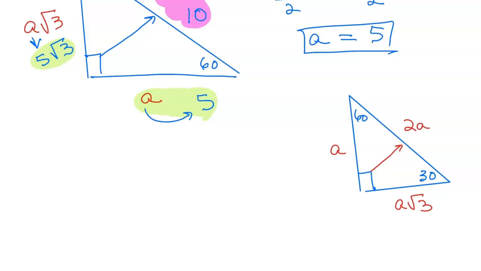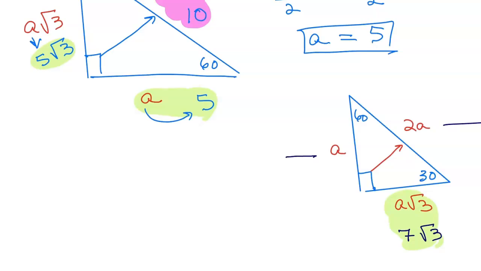What if I tell you that the leg across from the 60 degrees is 7 root 3? And I want you to identify the other two lengths. This leg right here and this hypotenuse right here. Look to see where you can make up an equation.